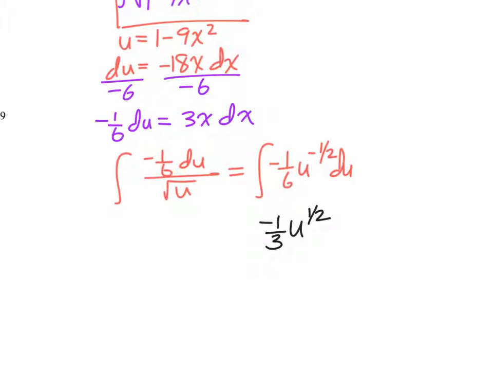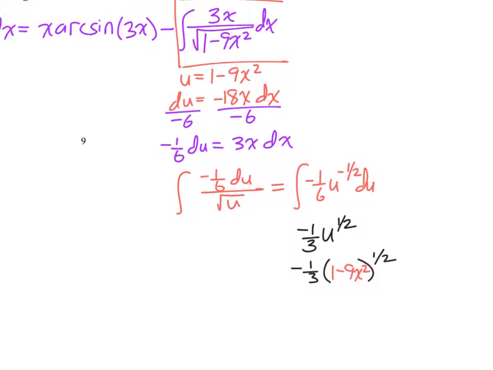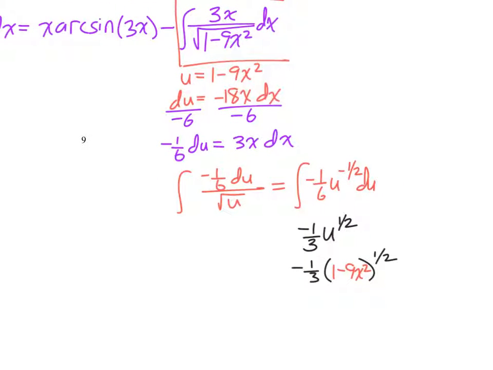All right, and then swap back the u, which again is 1 minus 9x squared. So this is going to become negative 1/3 times 1 minus 9x squared to the positive 1/2. And again, don't lose sight of what we're doing here. That's this part.